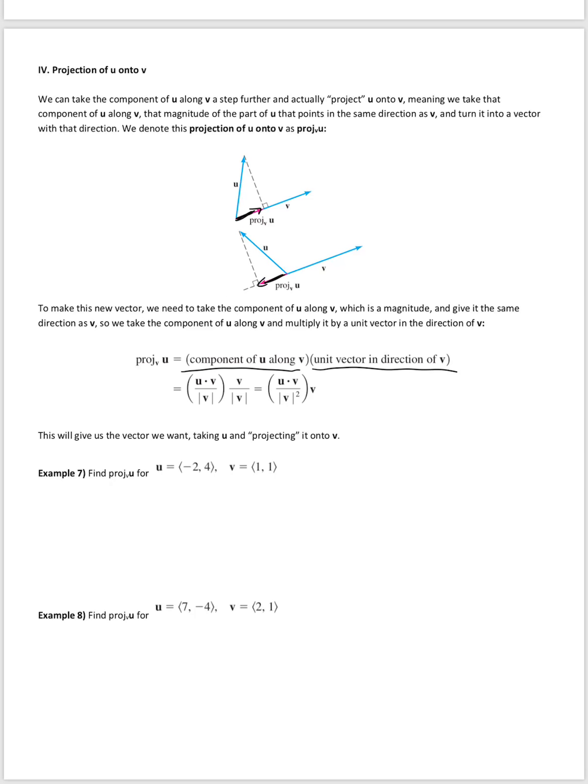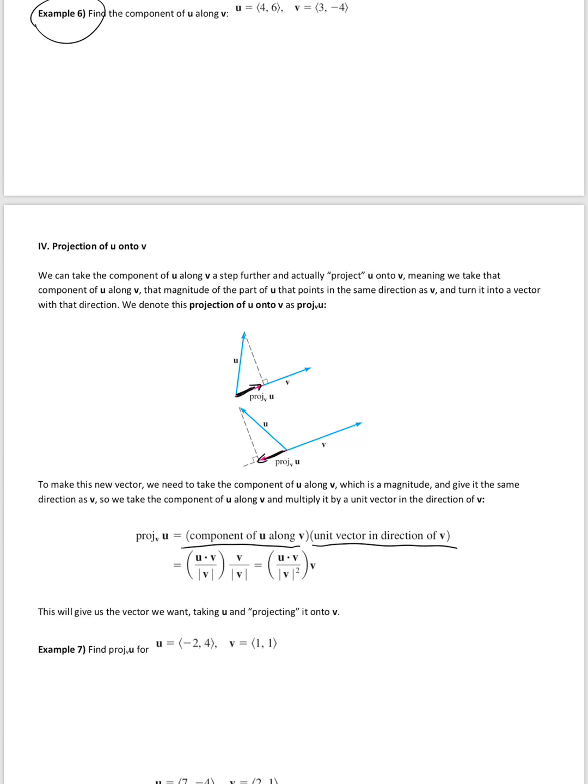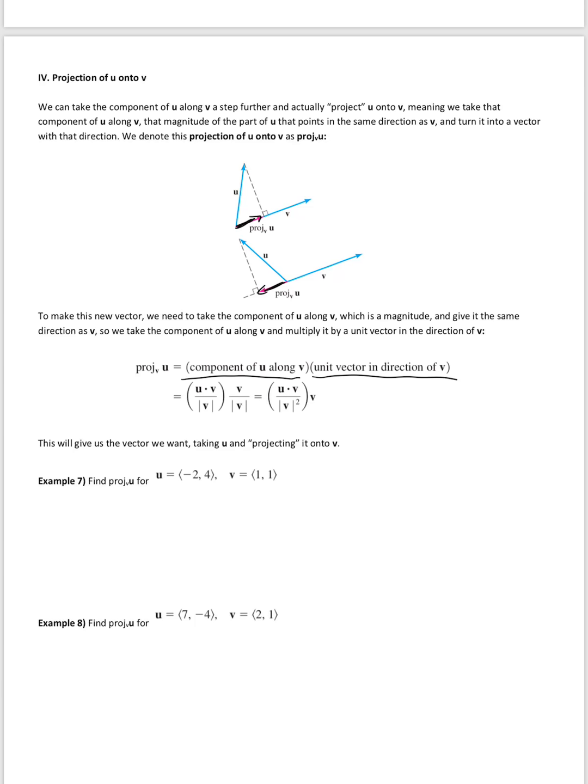Because I have a magnitude that I want, it would be nice if I have a vector that starts with a magnitude of 1, so I can change that magnitude into whatever I need. In this case, it's the component of u along v. But then I want it to have the same direction as vector v. So that is exactly the unit vector that points in the direction of vector v.